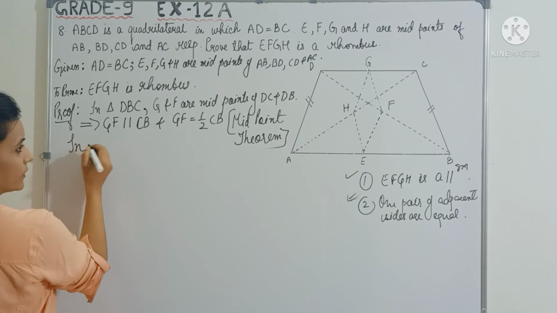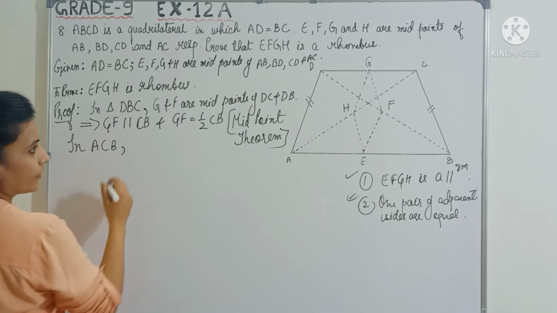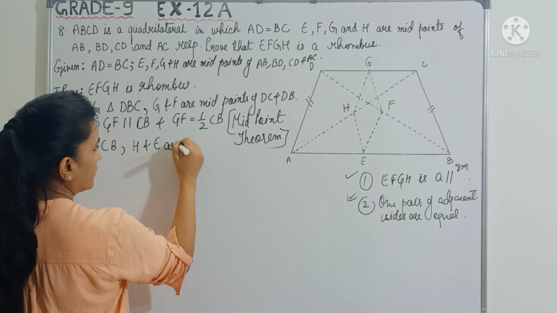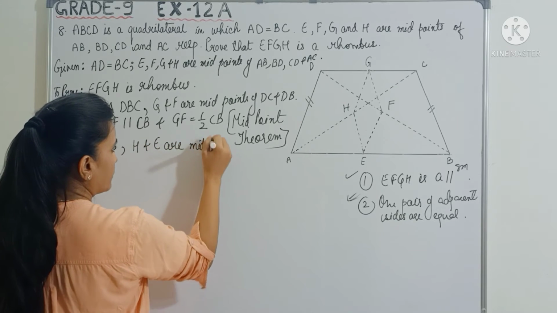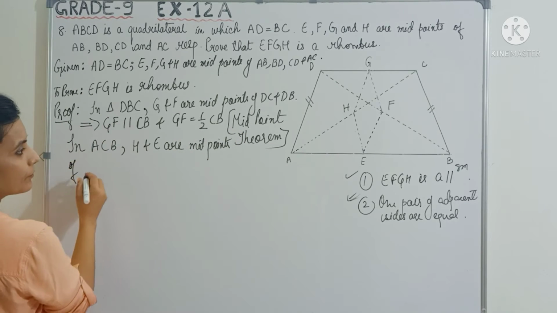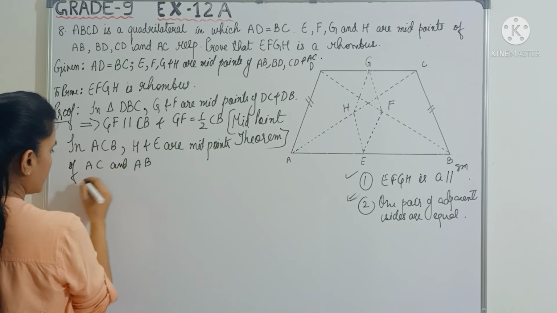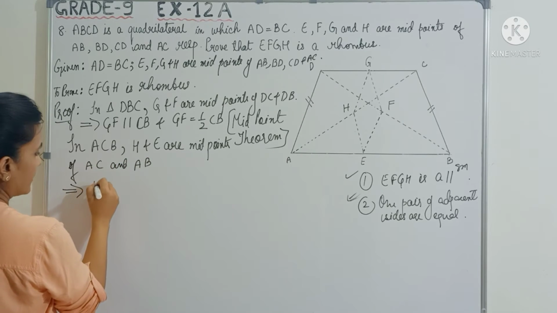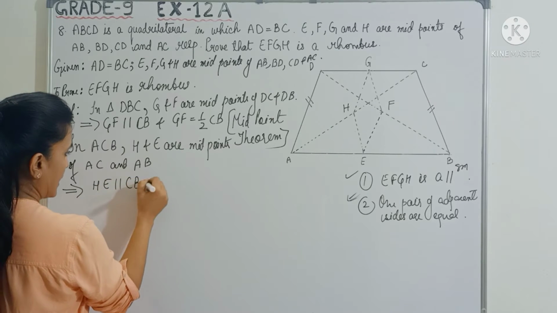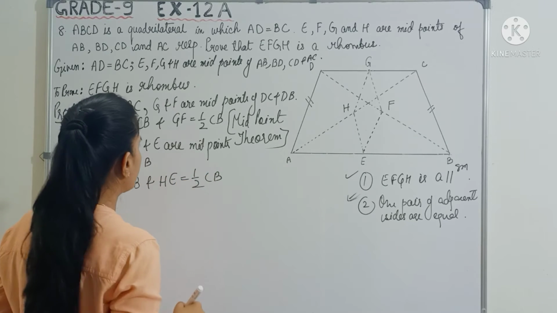Now, in the other triangle, triangle ACB, H and E are midpoints of AC and AB. This implies HE is parallel to CB and HE is equal to half of CB, right?